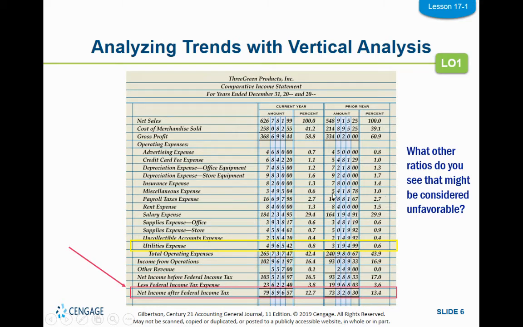So that's not unfavorable. That's actually favorable. That's a good one. There really aren't any more that are going up really substantially. You have a little bit of an increase here, but the rest of them are all pretty well staying within that same standard.